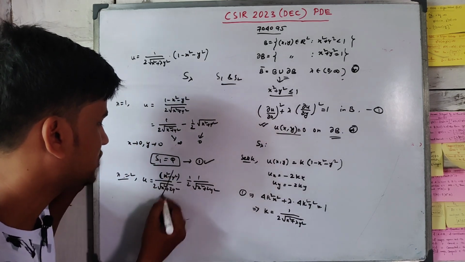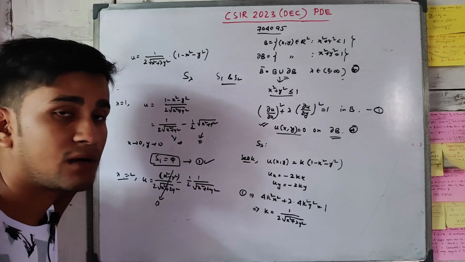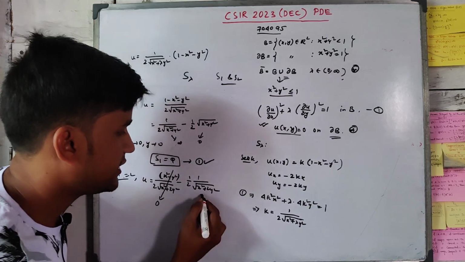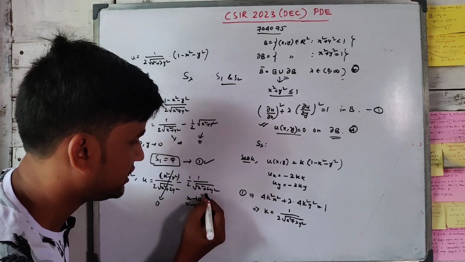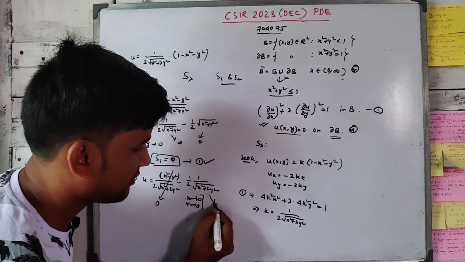So this term goes to 0 because the numerator terms are of higher degree, and if we take x tends to 0 or y tends to 0, then this term goes to infinity.